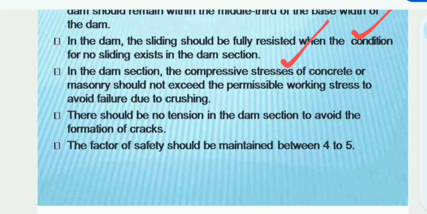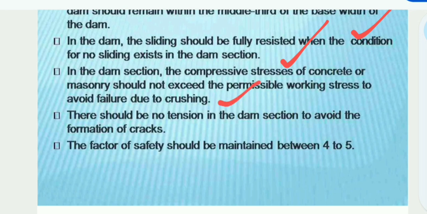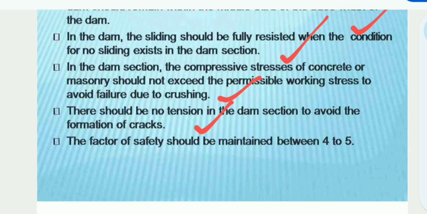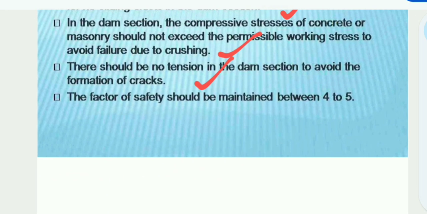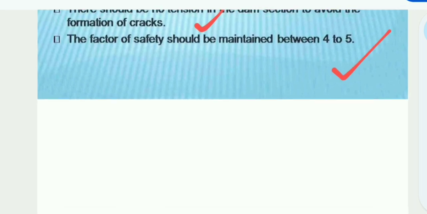In the dam section, the compressive stress of concrete or masonry should not exceed the permissible working stress, to avoid failure due to crushing. There should be no tension in the dam section to avoid the formation of cracks. The factor of safety should be maintained between 4 to 5.